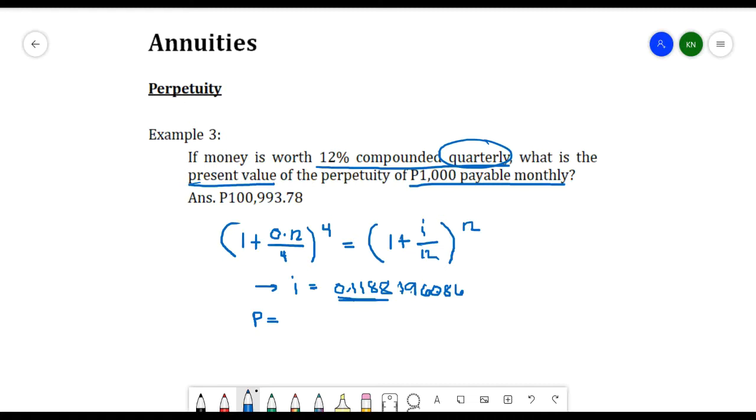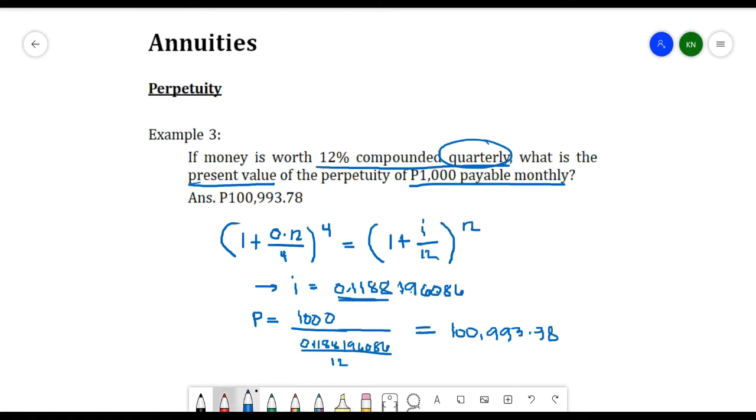So we have A is 1,000, and that is divided by 0.1188196086, and that is divided by 12 because that is payable monthly. So we have our P equivalent to 100,993.78.